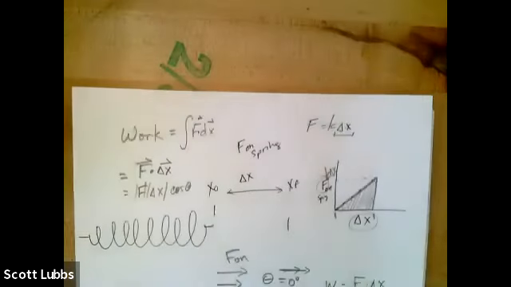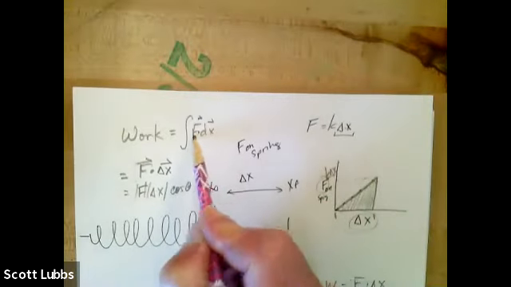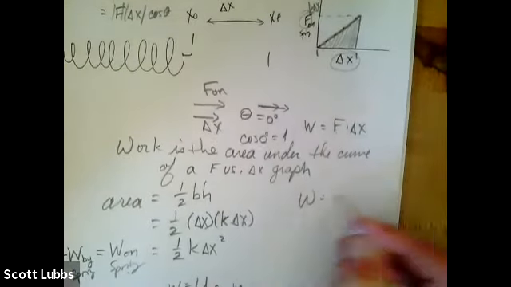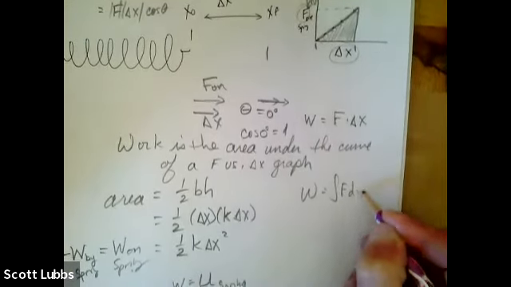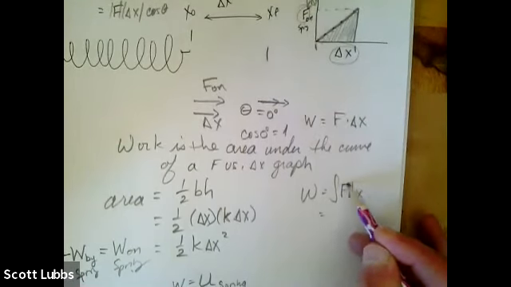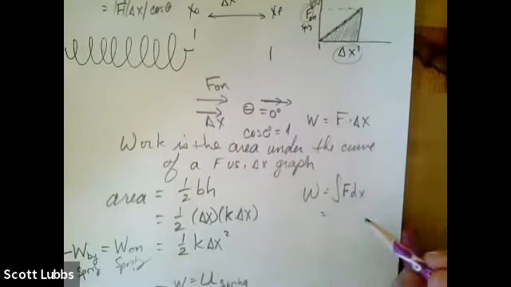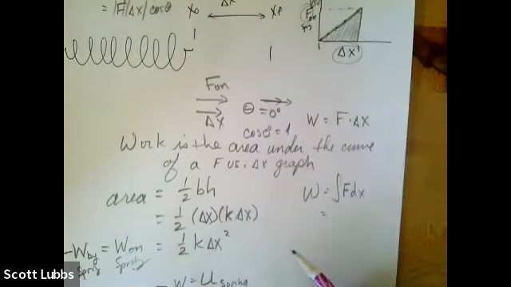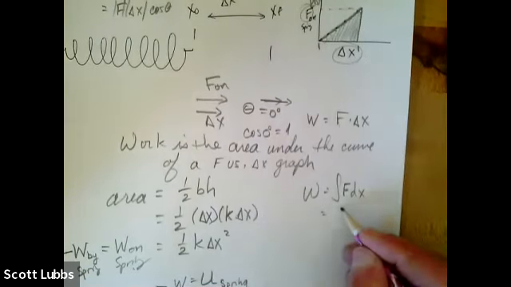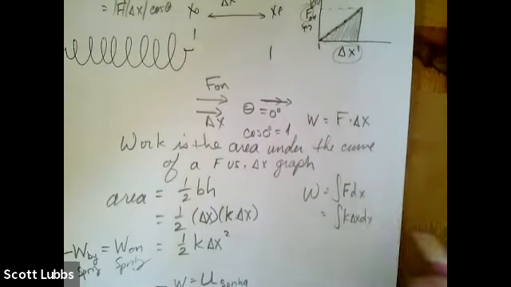Let me now come at it from this way. For those of you who can do a little bit of calculus, work is the integral of F dx. The work done is F, which is k delta x dx.